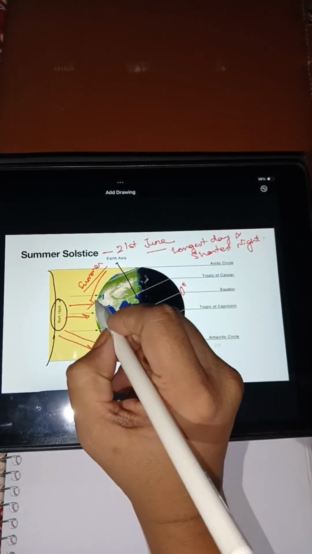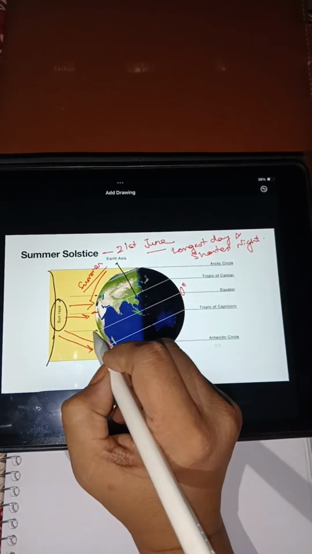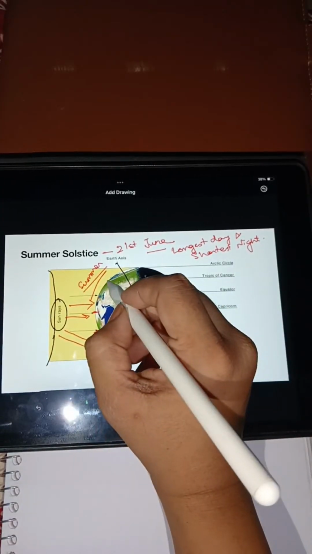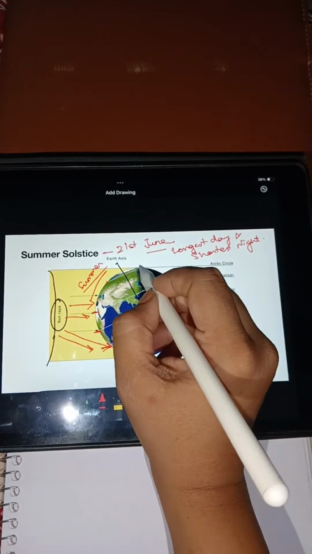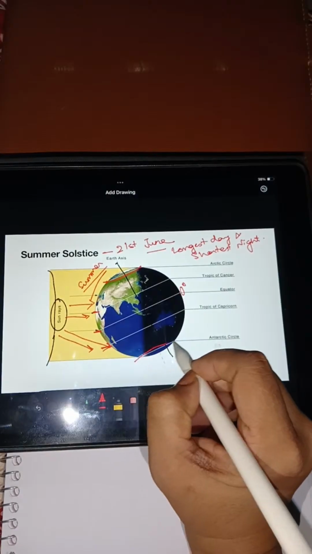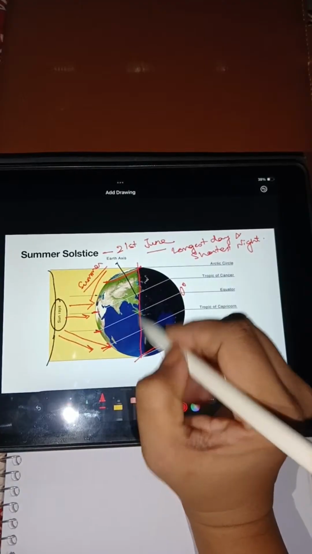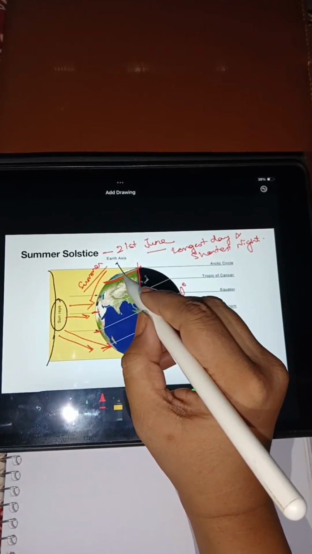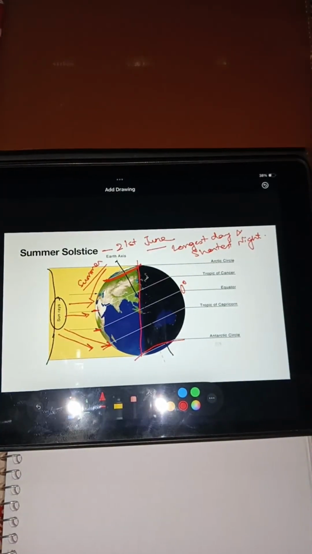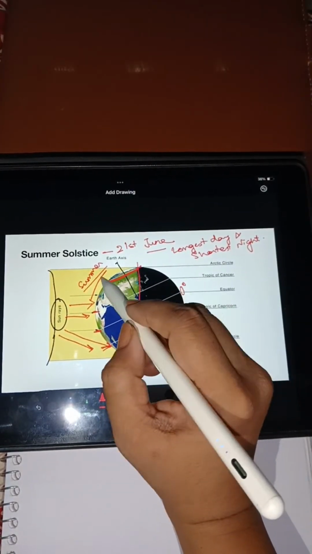Now this is on the Tropic of Cancer. Here is the Tropic of Cancer, here is the equator, and here is the Tropic of Capricorn. But what happens in the polar regions, that is the Arctic Circle and Antarctic Circle? You can see that the shadow circle here is not covering the whole of the Arctic Circle, so here we get 6 months of constant daylight in the northern hemisphere.